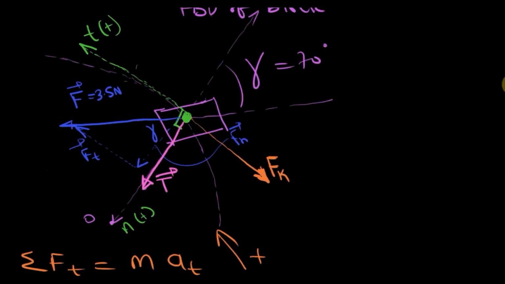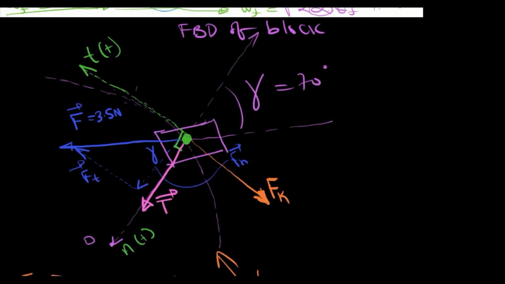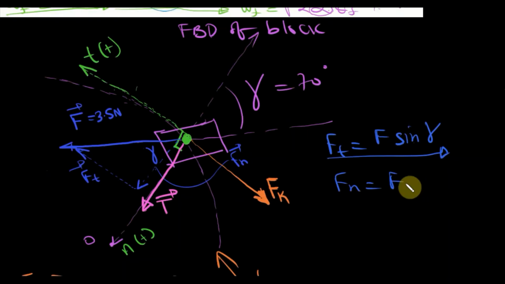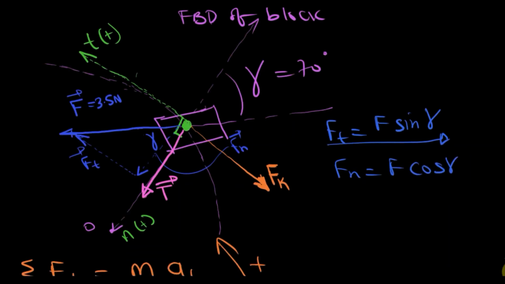Ft is equal to F sine gamma, and Fn is equal to F, the thrust force, cos gamma.